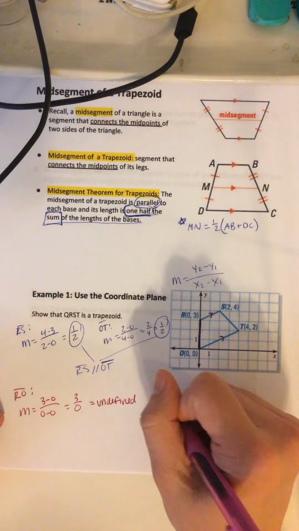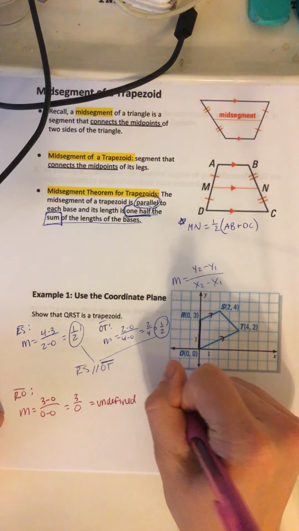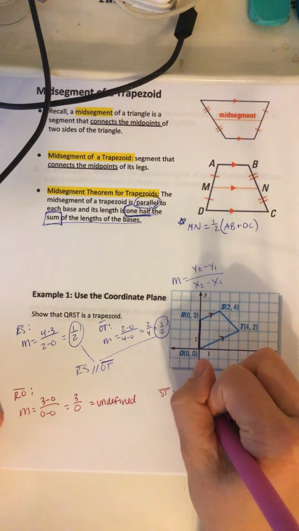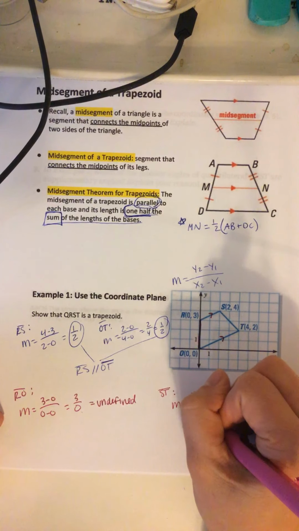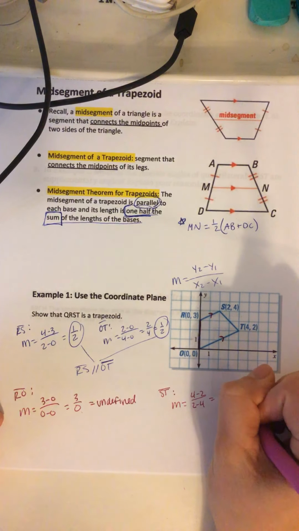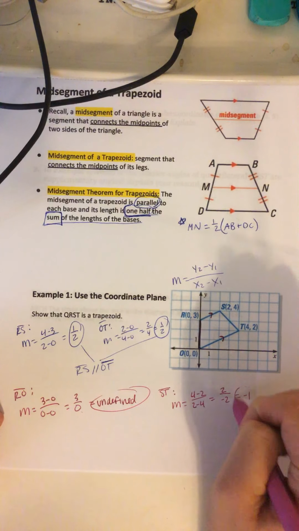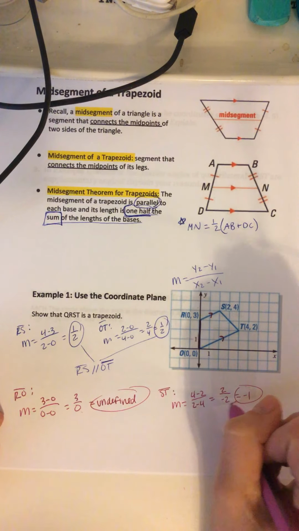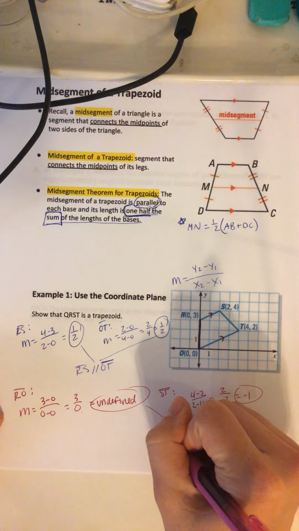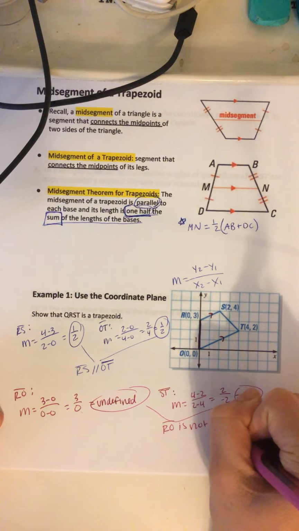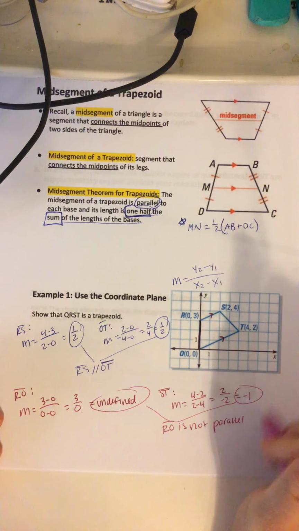So then comparing that to ST, we can do 4 minus 2 over 2 minus 4 to get 2 over -2 to get -1. Undefined and -1 are indeed not the same thing, so we know RO is not parallel to ST.